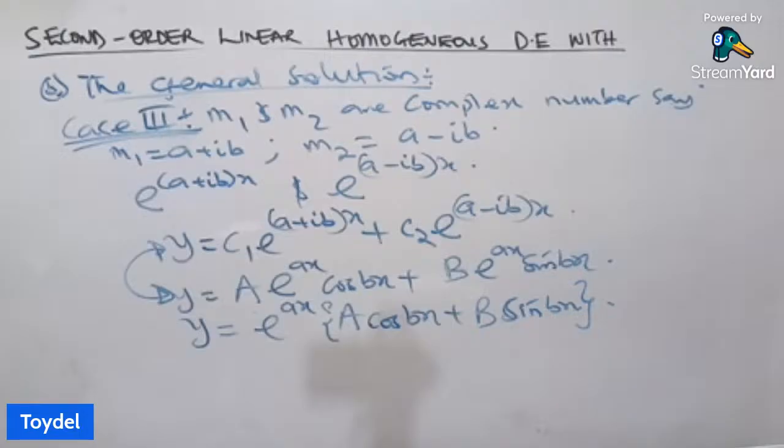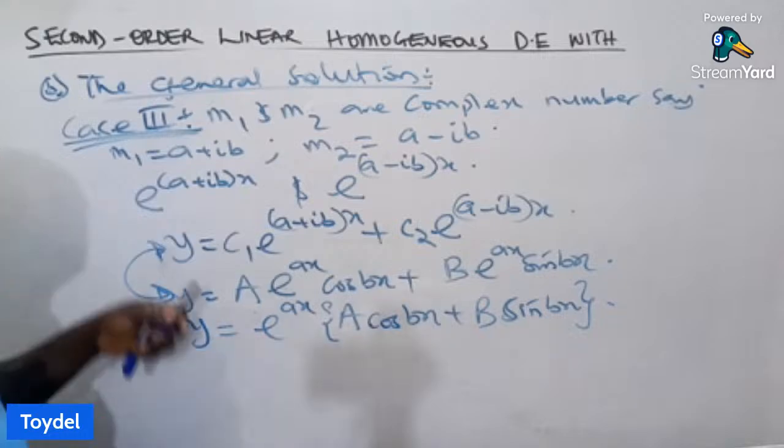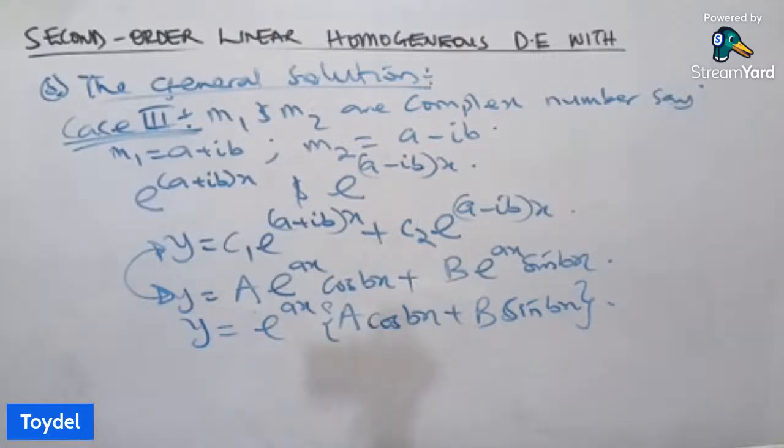Let me just paraphrase before we close the class. The first thing we discussed is that if you have a second order linear homogeneous differential equation with constant coefficients, we are going to rewrite the differential equation in the form of an algebraic equation.